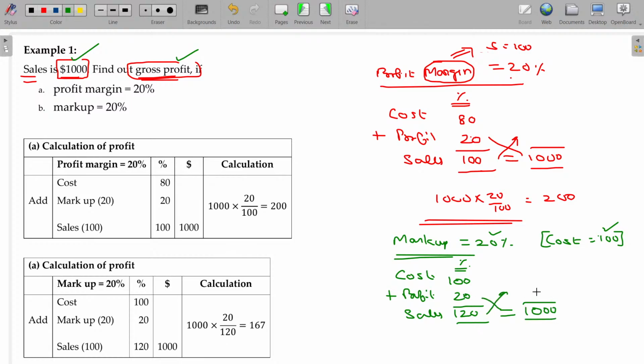You have to do the cross multiplication to get this profit: 1000 into 20 by 120, which is 16.67%, rounded off to the closer number, 17%. Hope you are now able to understand this. Okay, 167 in numbers. Is that clear? In numbers.